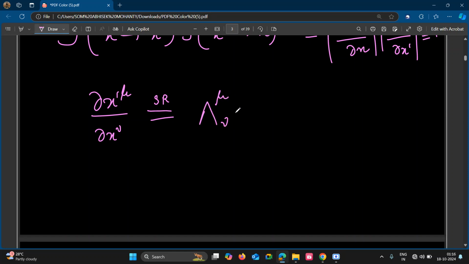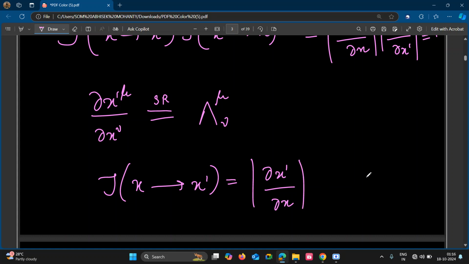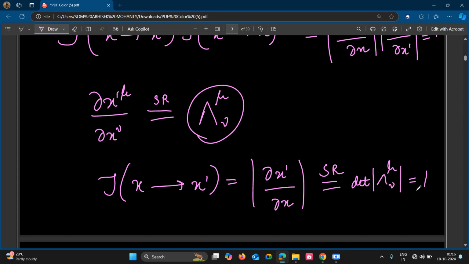So the Jacobian of x to x dash, which is del x dash by del x, I can write as the determinant of lambda mu nu, which is in fact 1.